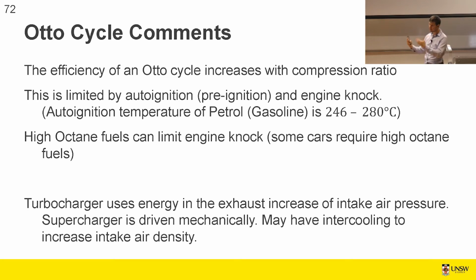We know that as we compress a gas, the gas gets hotter. If you up your compression ratio, then the gases get hotter and hotter. Then you get pre-ignition. So in your compression stroke, without a spark, it ignites and tries to push back against the cylinder. That's called engine knock, and you can use special fuels, notably high-octane fuels.